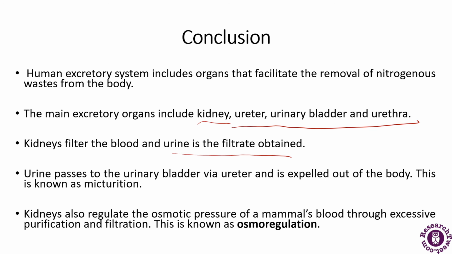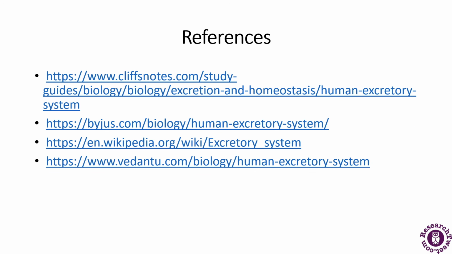Urine passes through the ureter, a tube-like structure, to the urinary bladder and is expelled out of the body. This process is known as micturition. And there is the concept of osmoregulation, where kidneys regulate the osmotic pressure of a mammal's body through purification and filtration. This is known as osmoregulation. So this was all about the human excretory system.